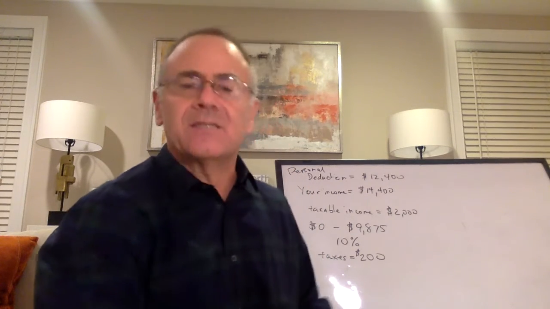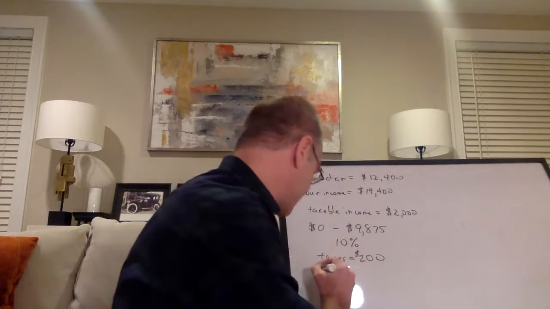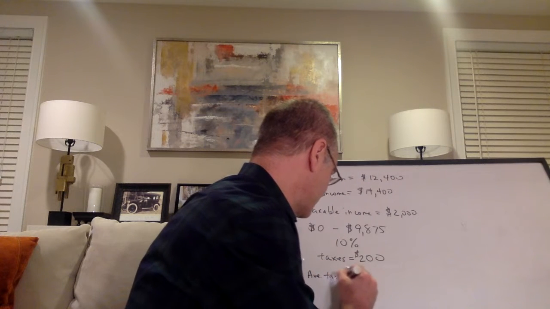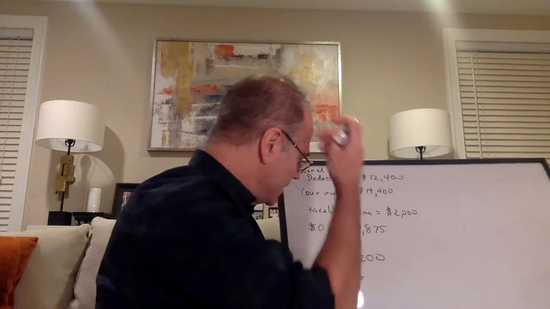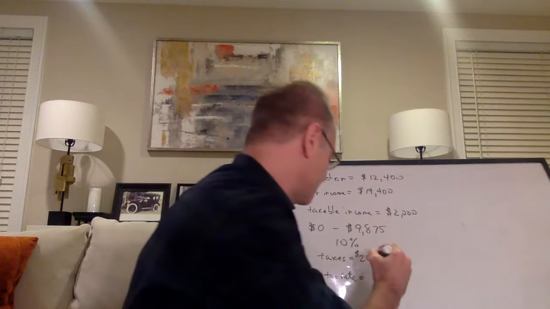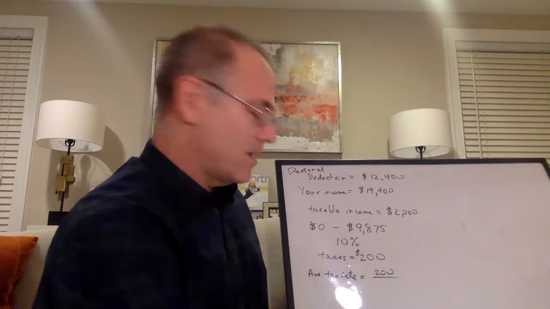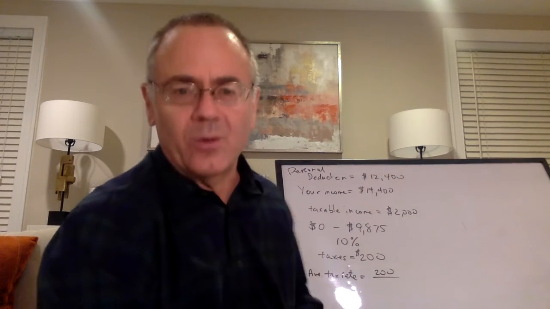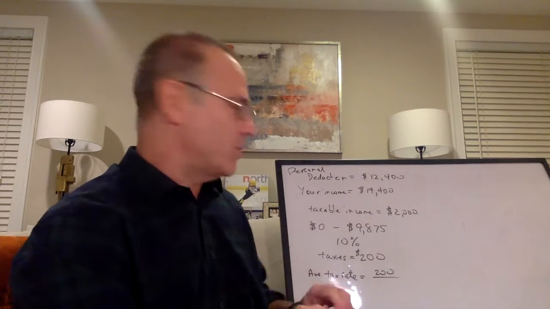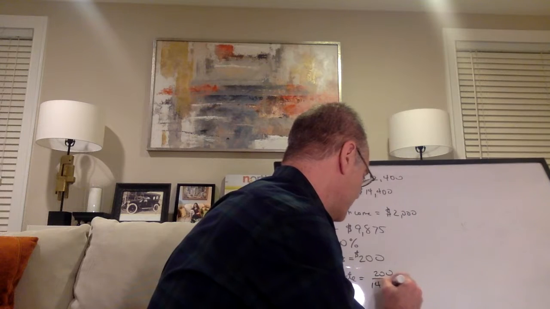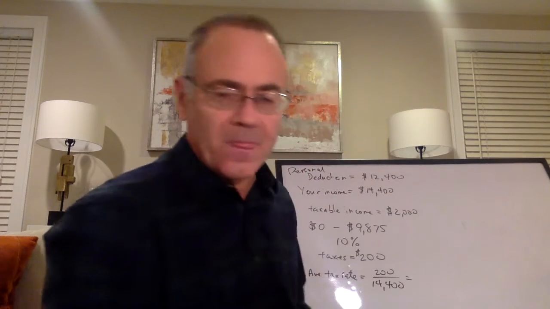Now, let's explain what an average rate is. Here's your average tax rate. That just equals your total taxes, which is $200, divided by your total income, your total gross income, not your total taxable income, your total gross income, which is 14,400.